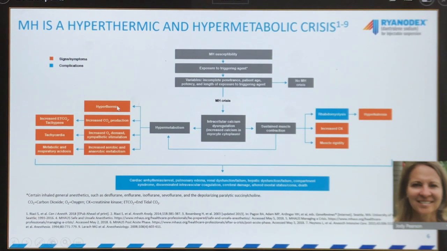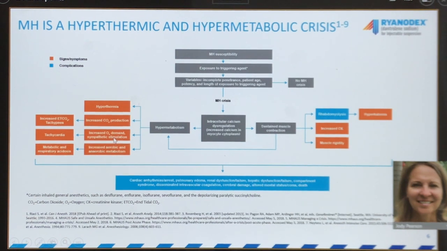So hyperthermia tends to be a little bit of a later sign, but initially you might see an increase in CO2 production, and this is going to show up on your end-tidal CO2 monitor as increasing. If your patient is not intubated, it could be tachypnea. As that end-tidal CO2 goes up, you could actually maybe even see some confusion with the patient. So whenever you have confusion, one thing you should think about is, what is that patient's CO2 level, and potentially getting an ABG.